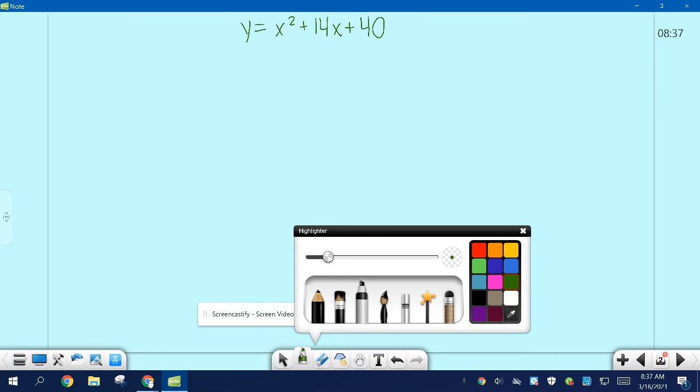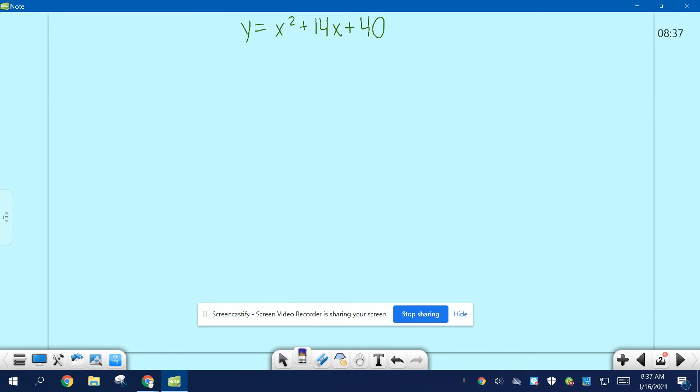All right, another example. We have y equals x squared plus 14x plus 40. And in this question on Delta Math, they're going to ask us to write the equation in vertex form and also tell us the vertex. So first step is to do minus 40 to both sides. y minus 40 equals x squared plus 14x.